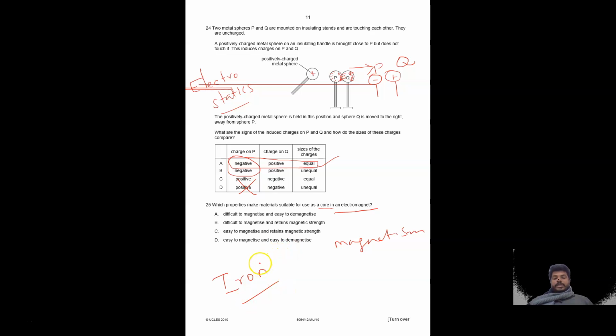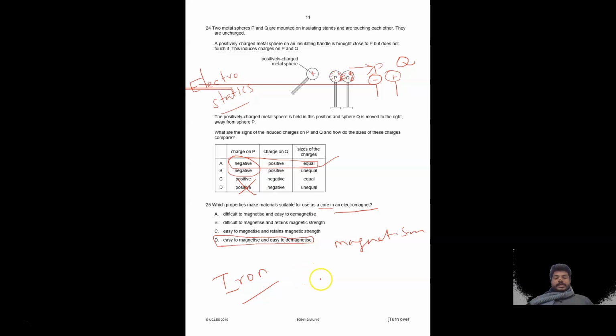We should use iron as a core inside the electromagnet because it is a soft magnet, which can easily magnetize and easily demagnetize. For example, we use an electromagnet in a crane to lift the car.